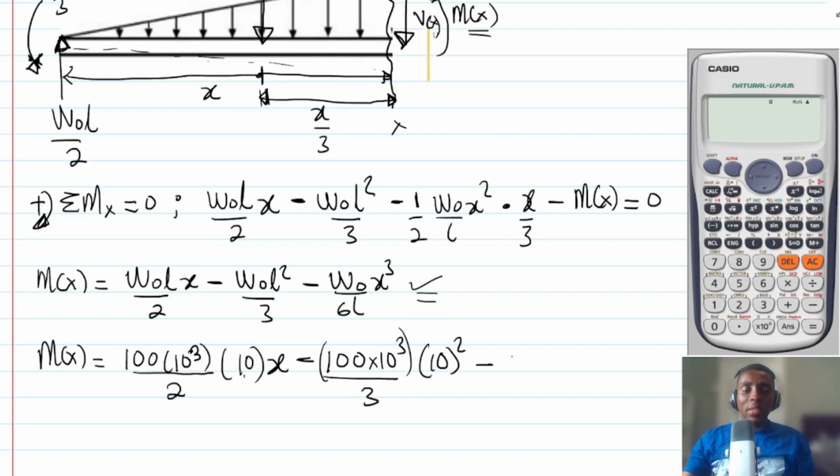Again minus 100 times 10 to the power 3, divided by 6, multiplied by the length, which is 10, and the x cubed, of course.